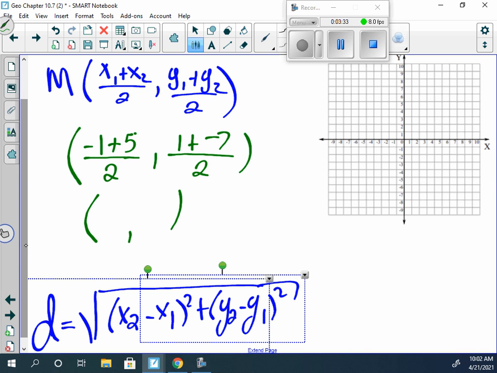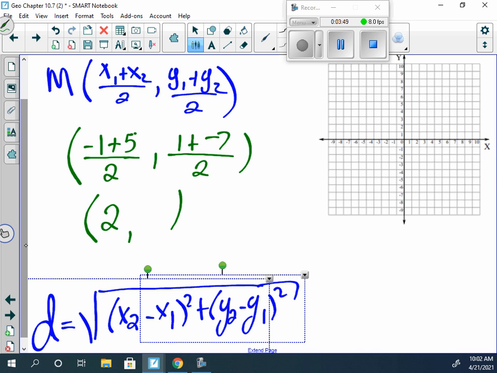Any questions on this so far? Now at this point we can plug this in. So we can do -1 plus 5, and -1 plus 5 is 4. And 4 divided by 2 is 2.